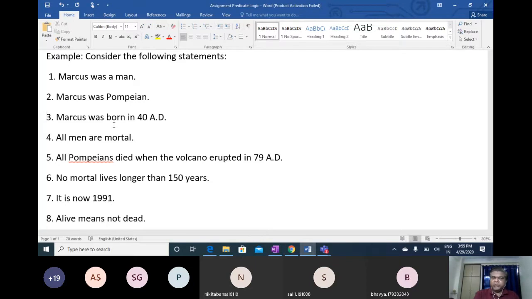Then we will convert each predicate into its CNF, conjunctive normal form. So you already know the steps for that. You will convert all of these statements into conjunctive normal form, and then you will try resolving them to prove this, Marcus alive now.